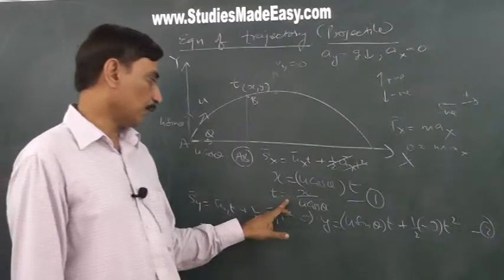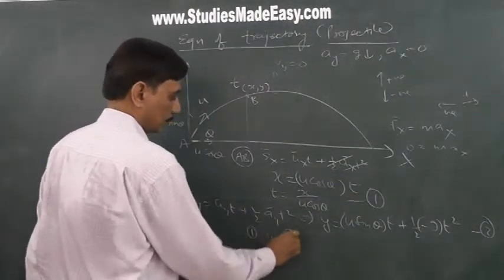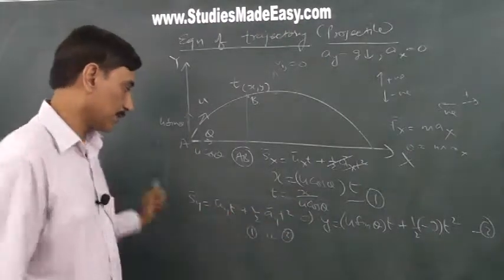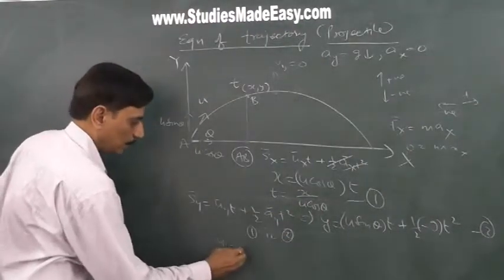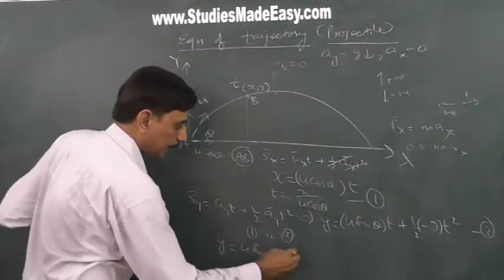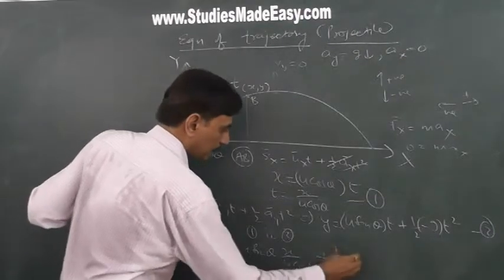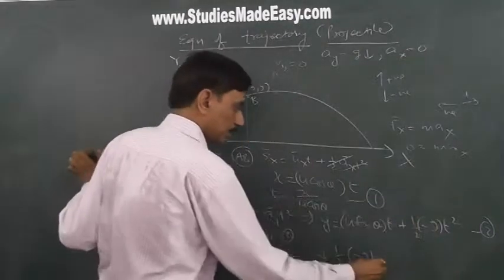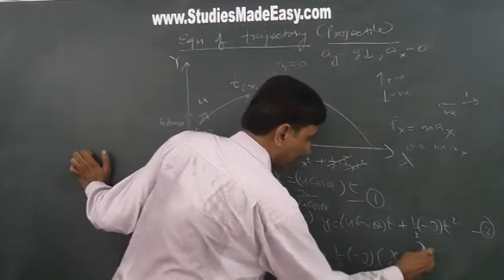If I put the value of 1 in 2, the value of t in this, so I get y is equal to u sin theta, t is x upon u cos theta, plus half minus g, t square is x upon u cos theta, its whole square.